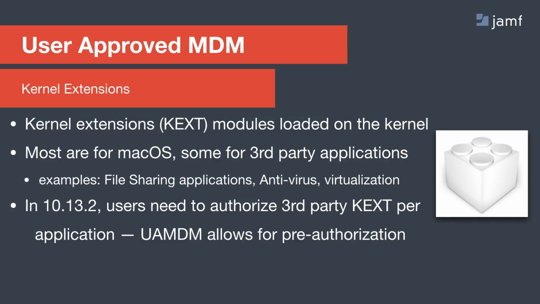And as of 10.13.2, users need to actually authorize those kernel extensions during the installation process of that software. So if we are deploying these sorts of applications down to clients in a silent fashion through a policy or through another method, we would need to use a configuration profile or some means of management to automatically whitelist those kernel extensions to allow for a successful installation.